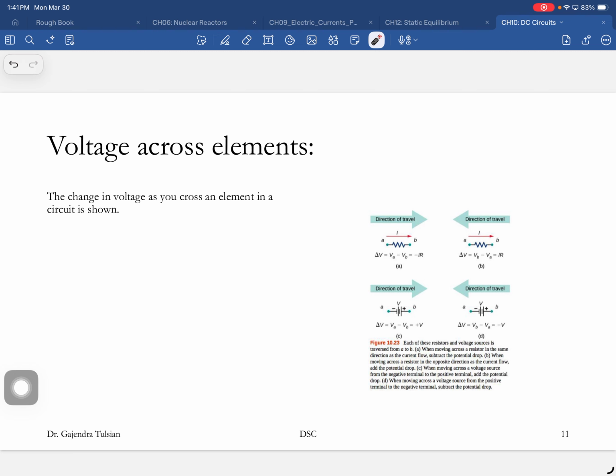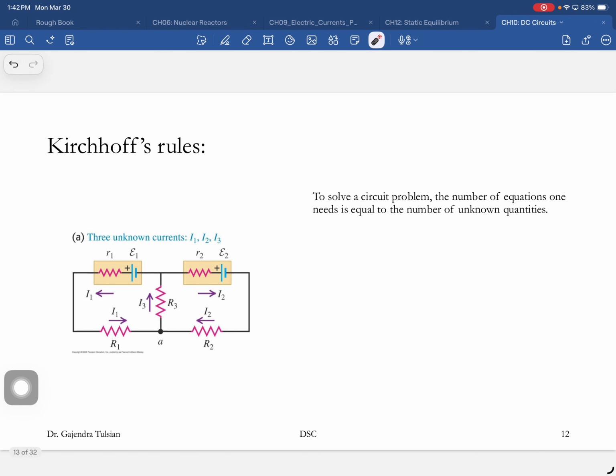So here is the basic circuit, and this comes in various forms. Here's the capacitor, here's the battery.